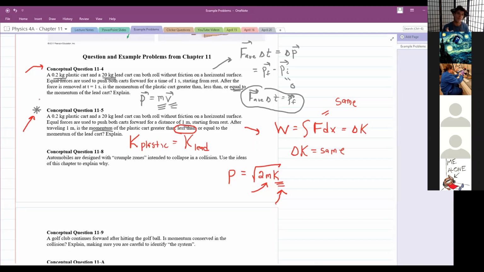But we were asked about momentum. A nice relationship to remember is that kinetic energy equals the magnitude of the momentum squared over 2m, and momentum is the square root of 2mK. So in this case, they had the same kinetic energy, but the object with the smaller mass would have the smaller momentum.